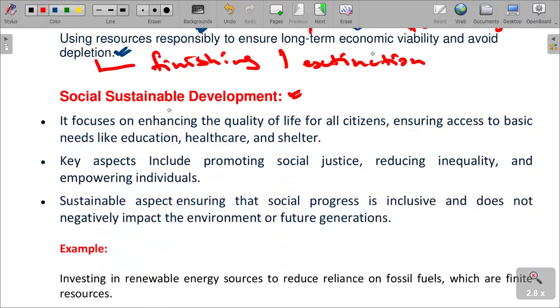Social, when it is social, it has to do with quality of life. We are working and focusing on the quality of life of all citizens, ensuring access to basic needs. I talked about services such as education, health care, shelter. People cannot live without shelter.